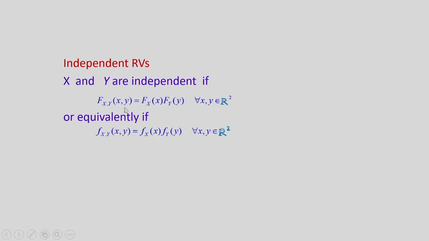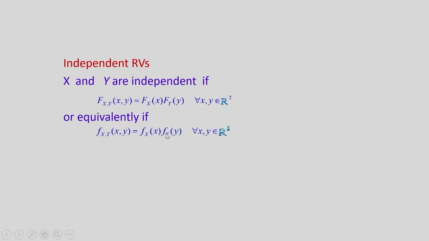This definition of independent random variables can be extended to n random variables. In that case, the n dimensional CDF will be the product of n marginal CDFs, and the n dimensional PDF will be the product of n marginal PDFs.